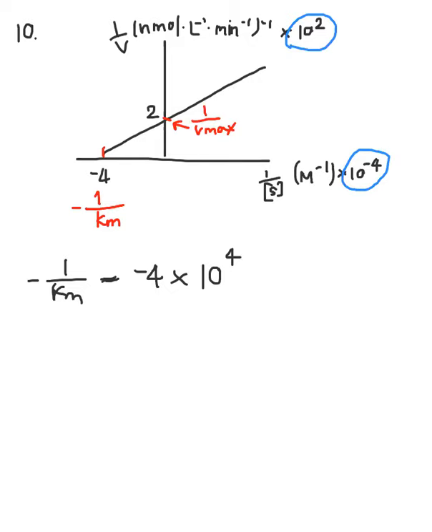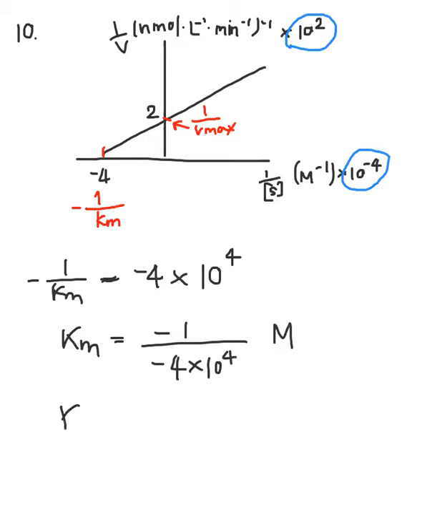And then if you move Km to this side and then move this term to the other side, you would get Km equal to minus 1 divided by minus 4 times 10 to the 4. And the unit for Km, because it's molar to the negative 1, right now you would get the unit of molar because you just flip it over, right?